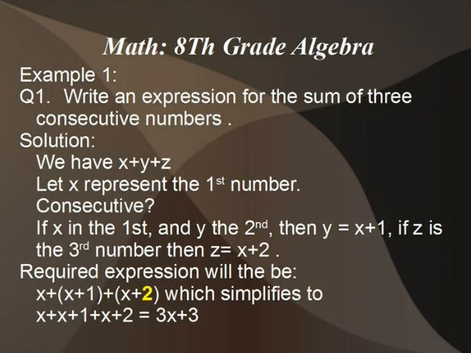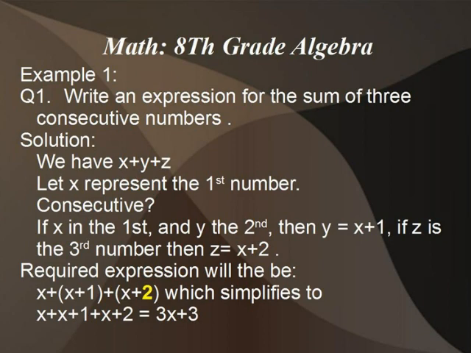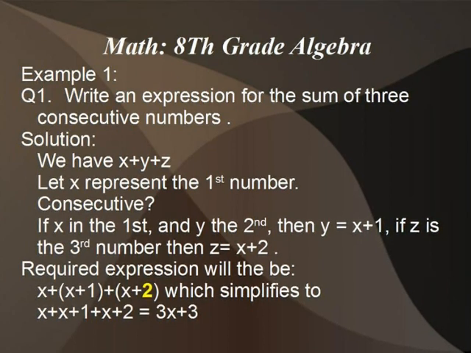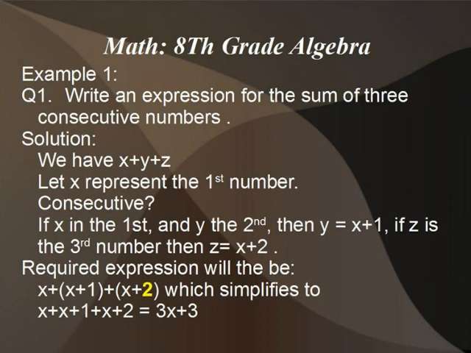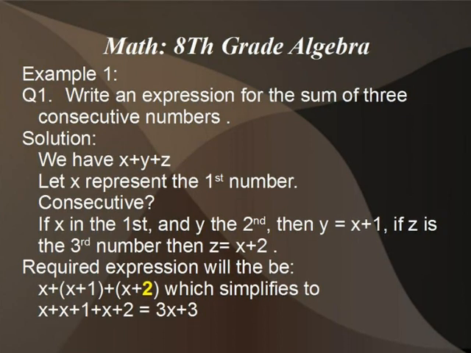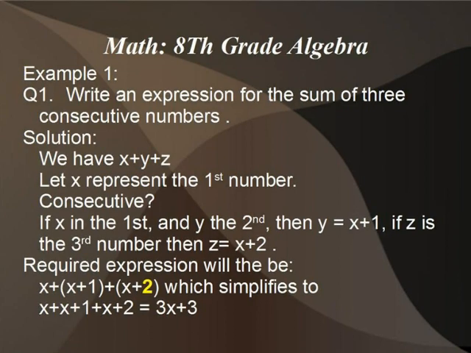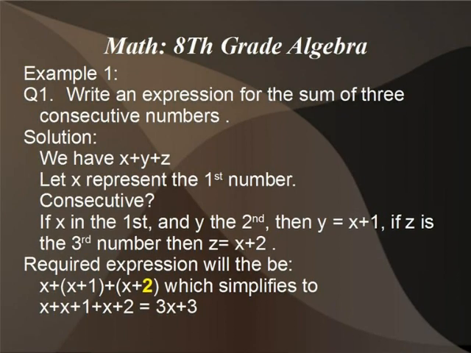That is also easy, and we can simplify that, and we will finally get an expression which is 3x plus 3. So these things are pretty easy to handle, and they are easy to solve too.